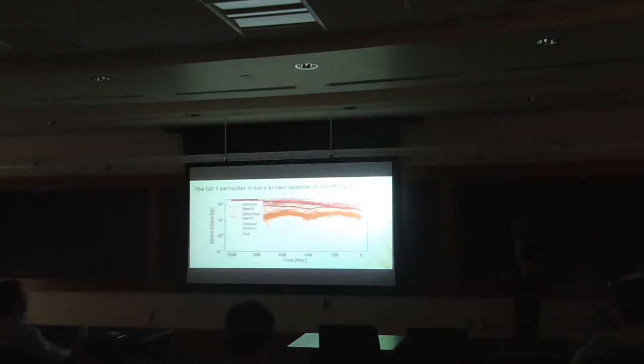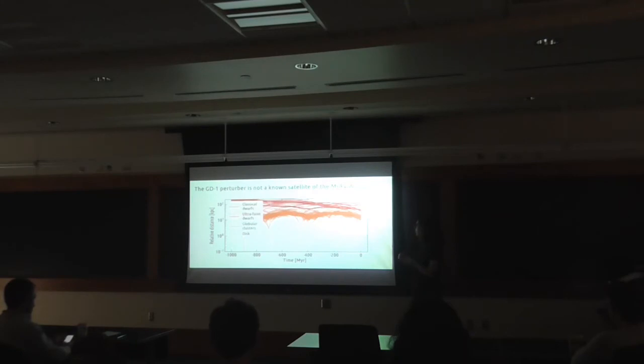Here is the relative distance between the classical dwarfs, the ultrafaints, the globular clusters, and the GD-1 stream. You can see that they don't really come close enough to have caused this perturbation. We would require an impact parameter of something like 10 parsecs, and nothing really comes within 1 kiloparsec from GD-1, except for the disk of the Milky Way.